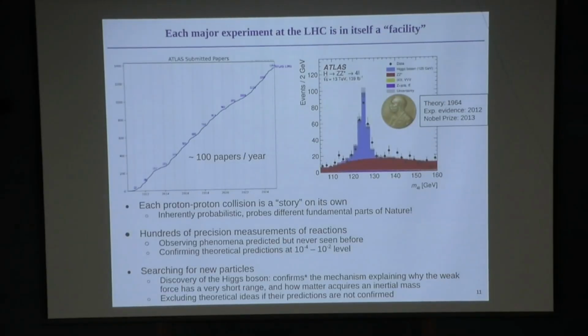And that blue is the events that we attributed to Higgs production, to a reaction where a Higgs was produced. And this confirmed a theory that was first developed back in the 60s, experimentally confirmed in 2012, and there was a Nobel Prize given for these theoretical ideas in 2013.